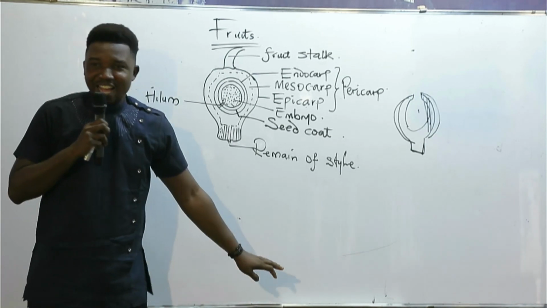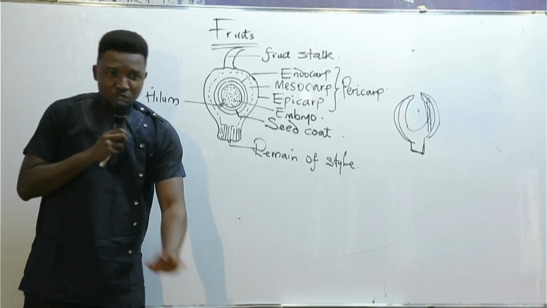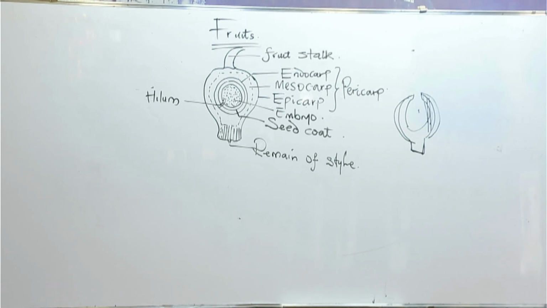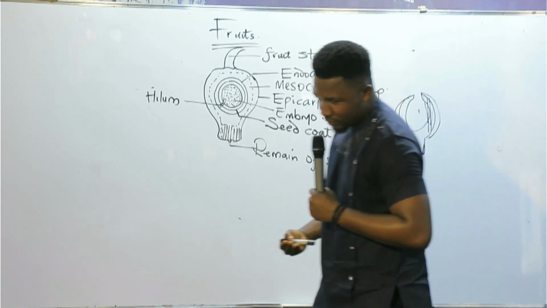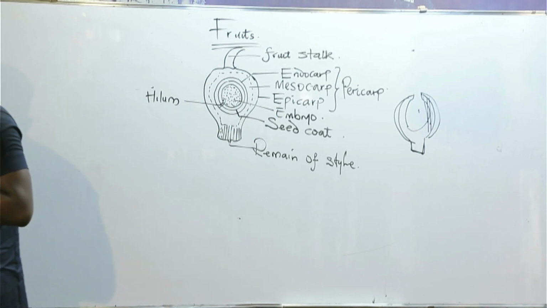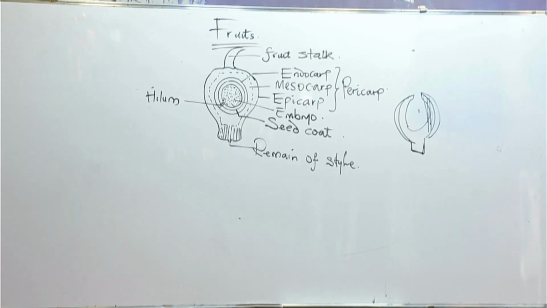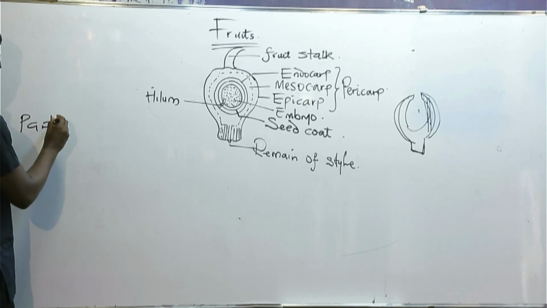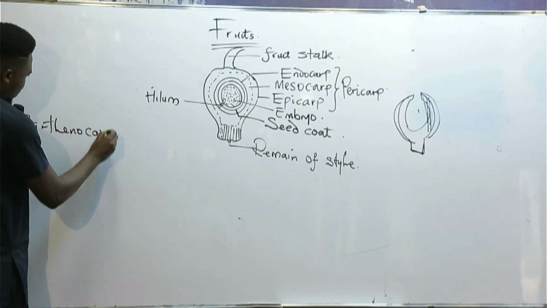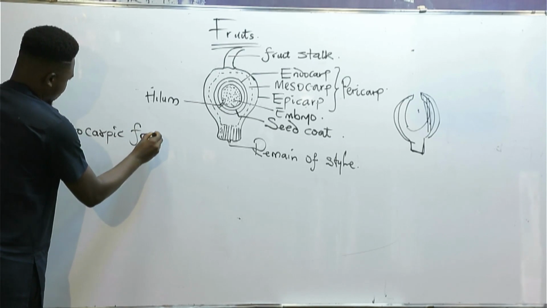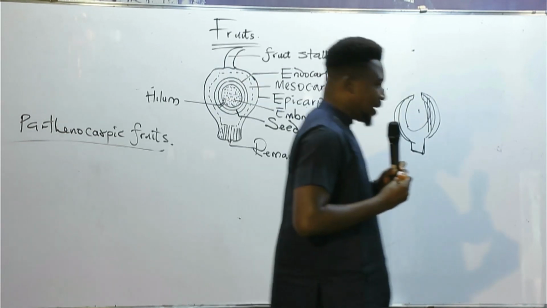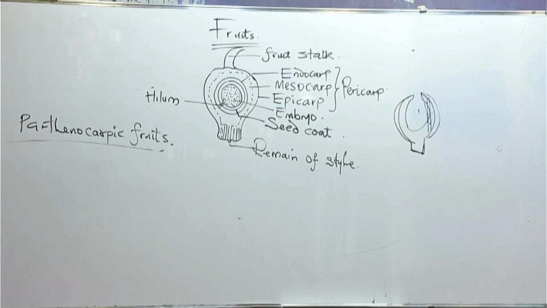We don't have terms in fruits, but just know something, please. There are some fruits that are formed without pollination. This type of fruit is called parthenocarpic fruit. A parthenocarpic fruit is a fruit formed without fertilization. An example is banana.